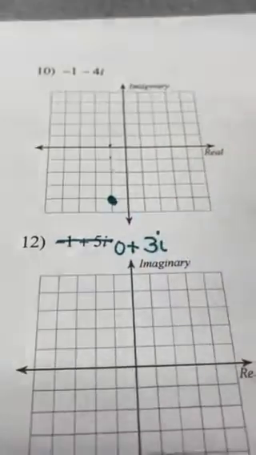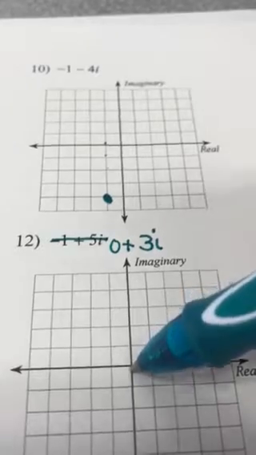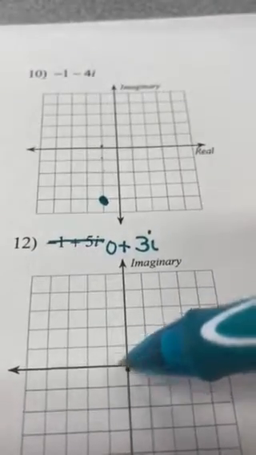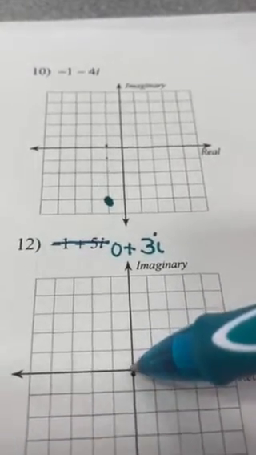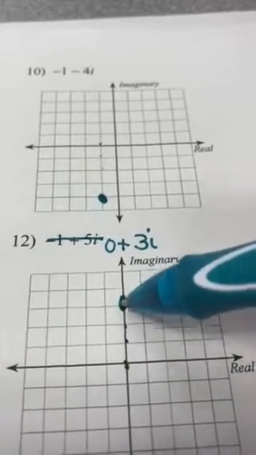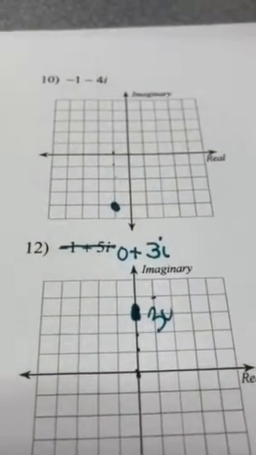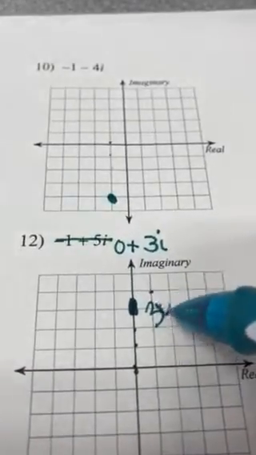I can add 0 to anything and it doesn't change that thing. Now I have a real of 0, which means start here, go sideways, nothing. Go on the real axis, none. But on the imaginary axis, count up 3. 1, 2, 3. And this is 3i. Not bad, eh?